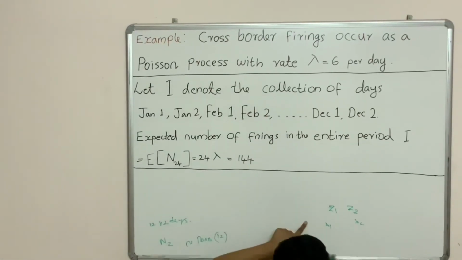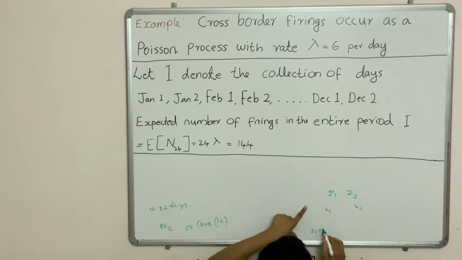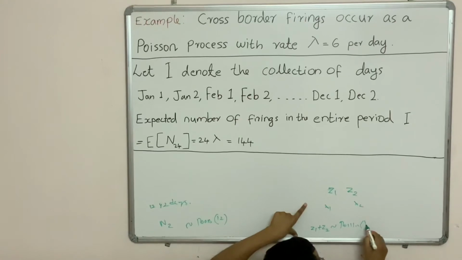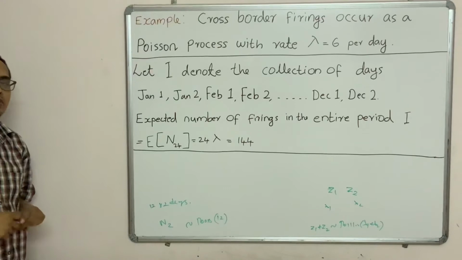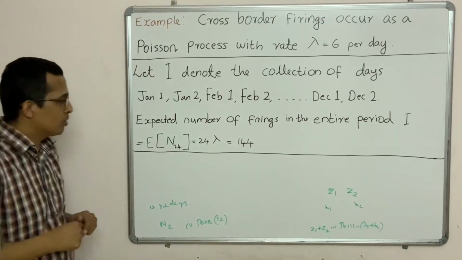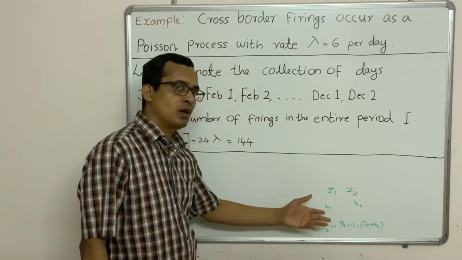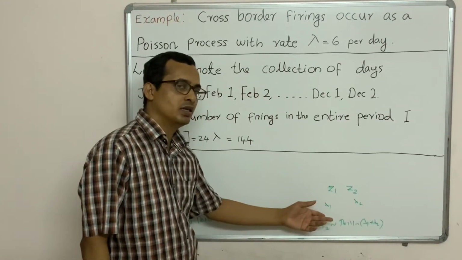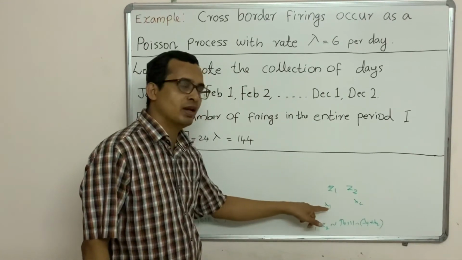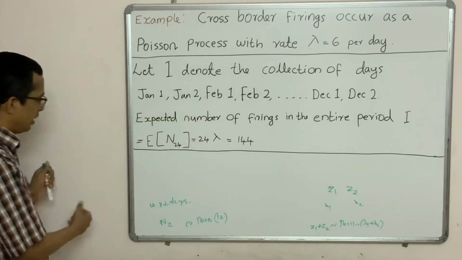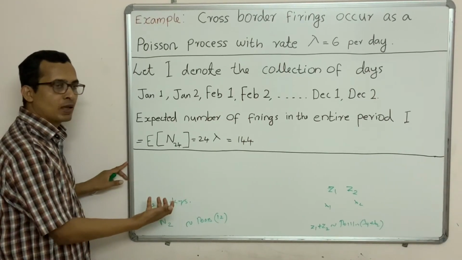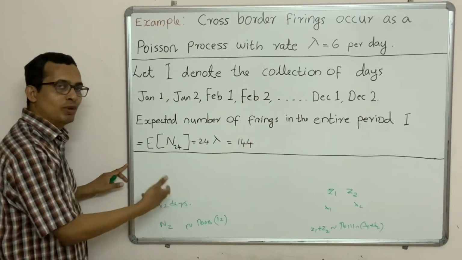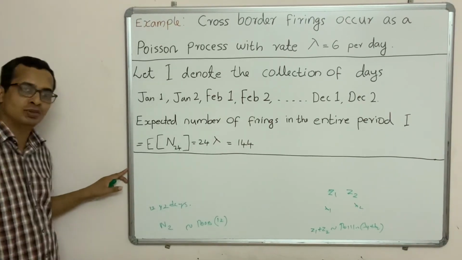Then we can show, you may have already seen that also, that the sum Z1 plus Z2 is also Poisson with parameter lambda 1 plus lambda 2. This is the reproductive property of Poisson random variables. You may have also seen similar things for normal, Bernoulli, etc. So we can appeal to this fact too. We are adding 12 Poisson random variables, so the sum will also be Poisson. That fact can also be used.